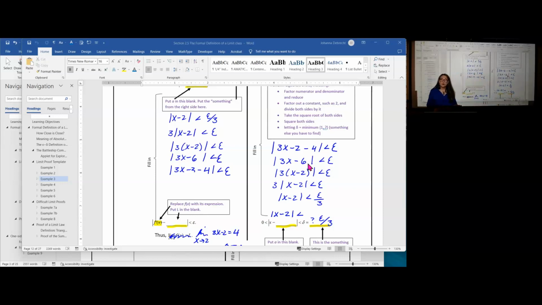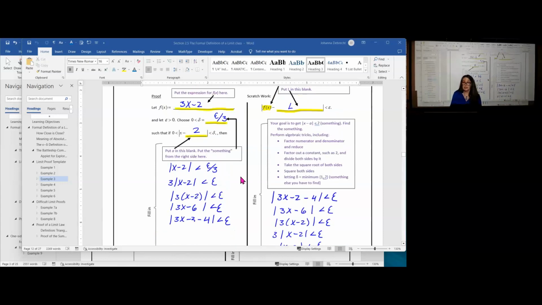Now we start the formal statement of the proof, and it does need to read pretty much exactly like this. Let f of x equal 3x minus 2, and let epsilon be greater than 0.